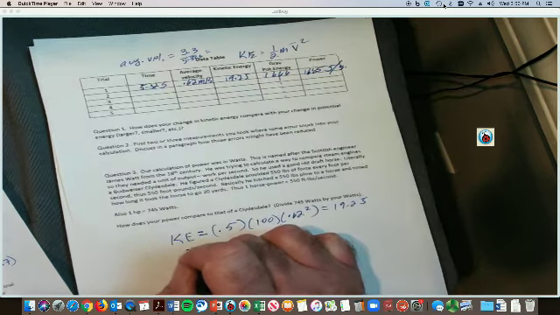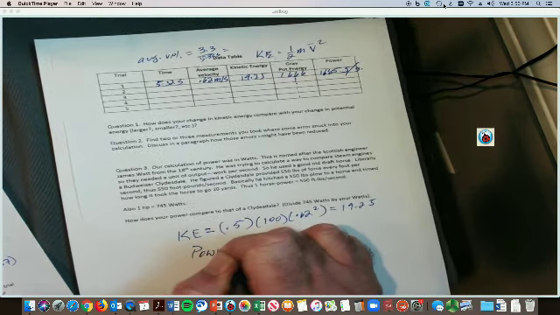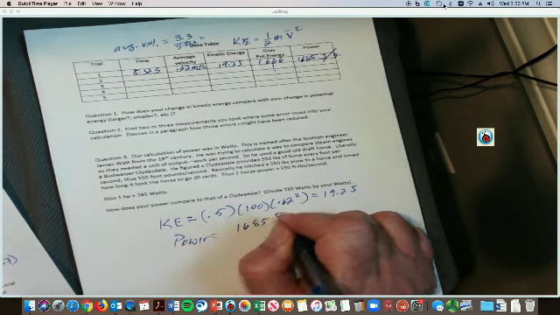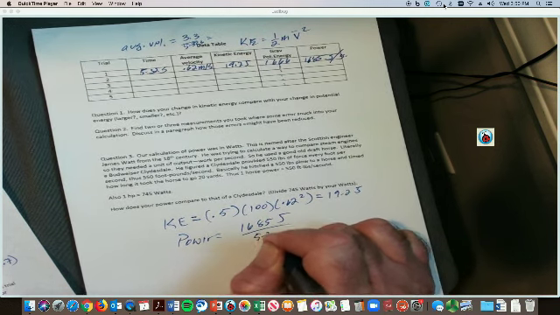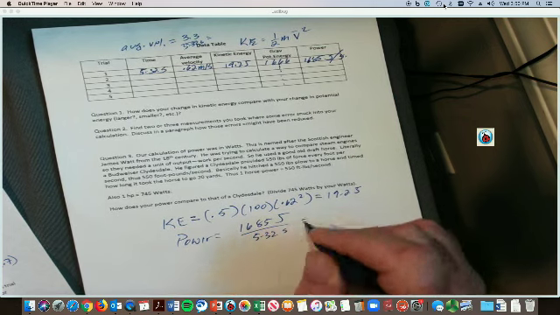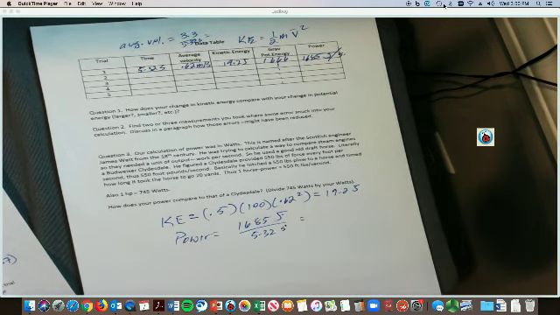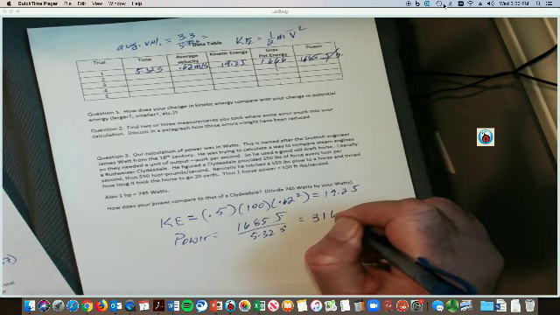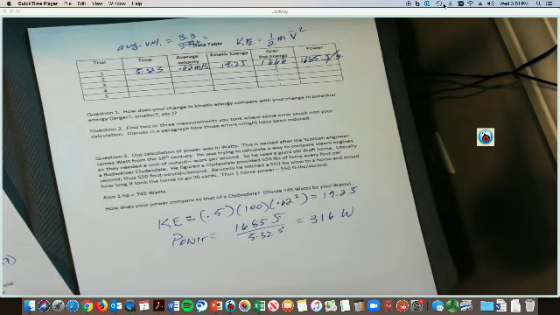Power is equal to 1685 joules divided by the 5.32 seconds. Now this is just for one trial. Joules per second gives me my power: 316 watts.